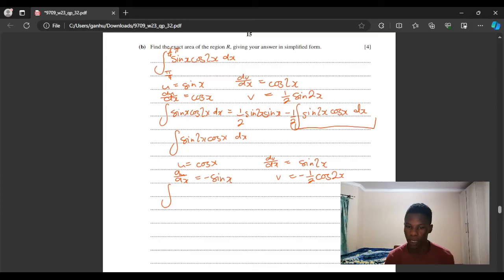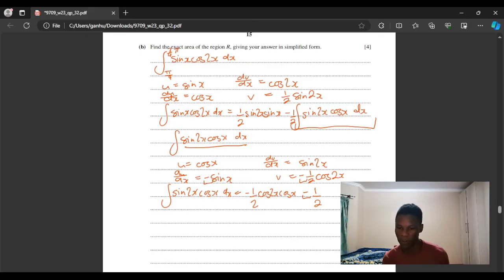So if we use the formula for integration by parts, this will be the integral of sine 2x cos x dx is equal to uv, which is minus half cos 2x cos x, minus v du, so that's minus half. So there's a minus here, there's a minus here, and we're also going to have a minus here, so it means that overall it will be a minus sign, and that's sine x cos 2x dx.